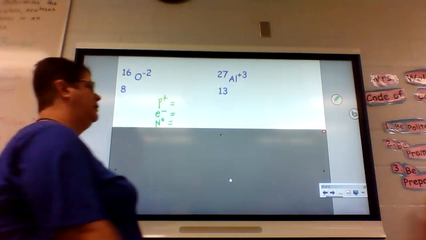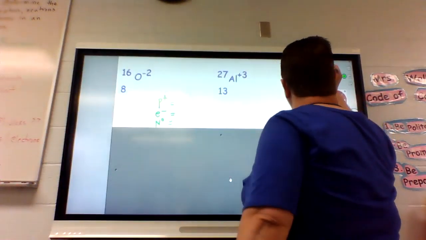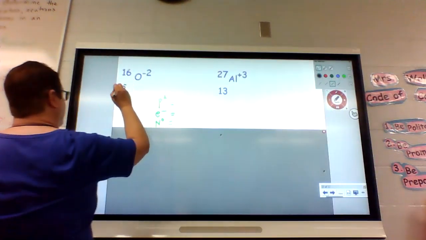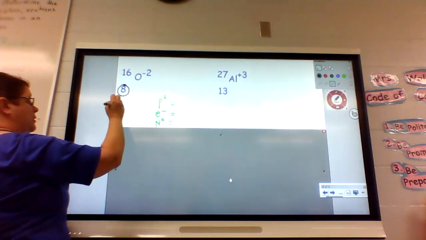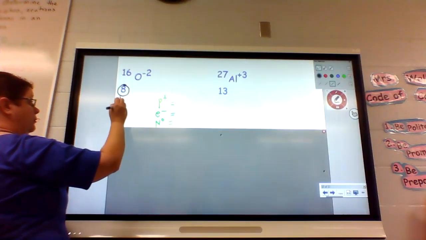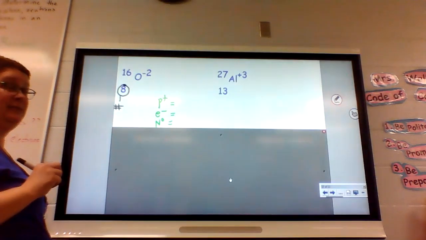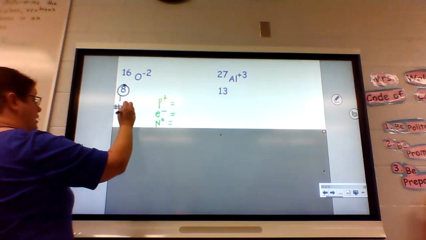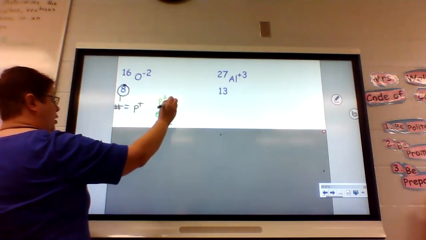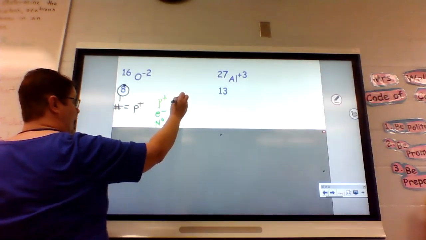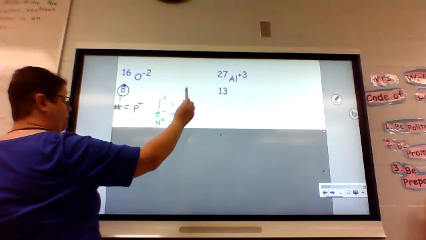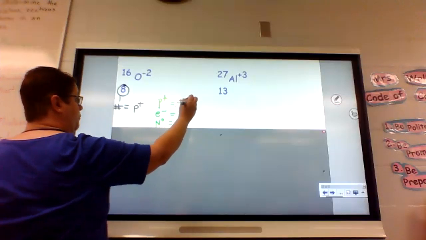What is this 8 that's right here? The atomic number. What does the atomic number tell us? It tells us the protons. So we know the protons are 8.